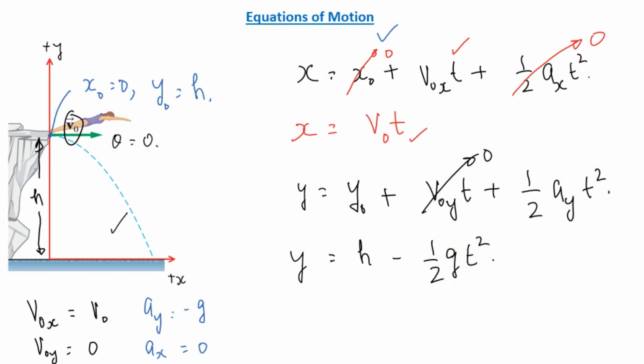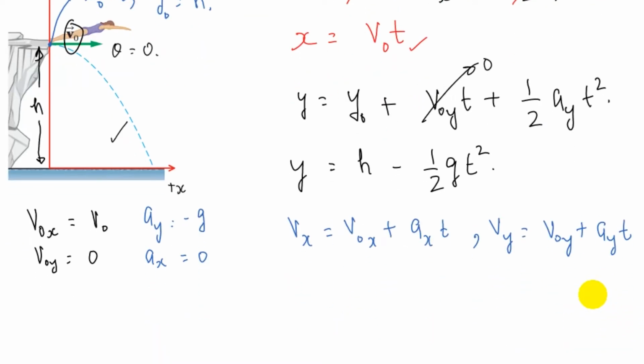Now next I'll be using another fundamental equation, which is vx equals v0x plus ax times t. This is in the x direction, and in the y direction we have vy equals v0y plus ay times t. Now let's substitute the values.